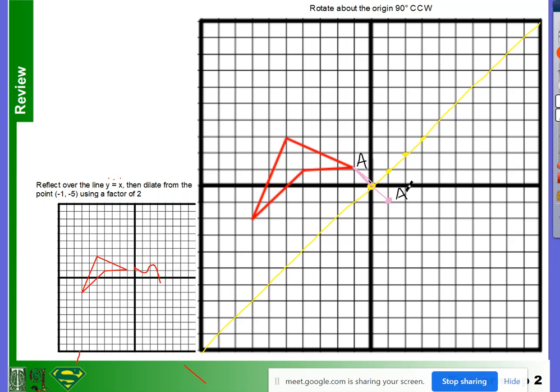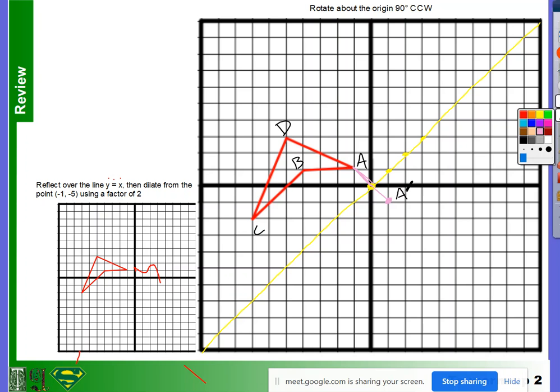And this little mark that looks like an apostrophe means prime. That's how we say it, A prime. Just so that we know that has a relationship with point A, but it's not the same as point A. While we're at it, I'm going to call this B, C, and D.